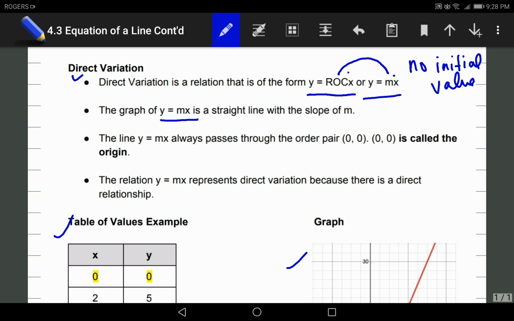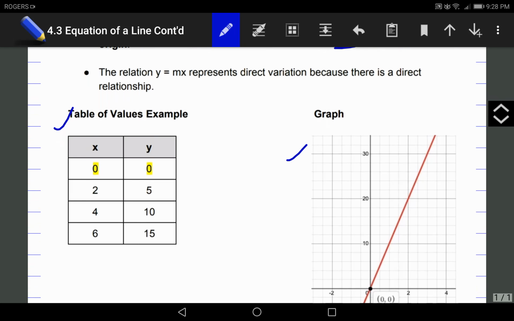It's a linear relationship with just a slope of m, and again, no initial value. All right? Because the initial value is 0, the line has to pass through the y-axis at 0, 0. Because the initial value is 0, it has to go through that point of origin. All right?